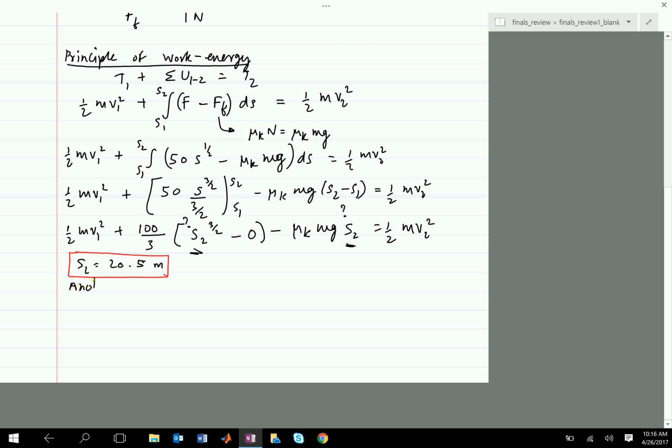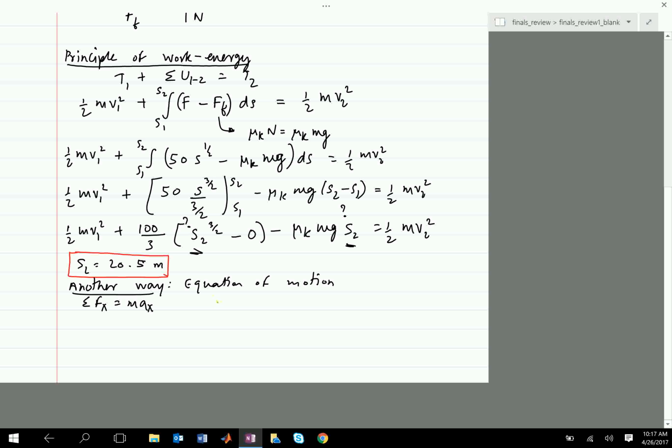So another way, equation of motion. Okay, so Fx is mass times acceleration in the x direction.